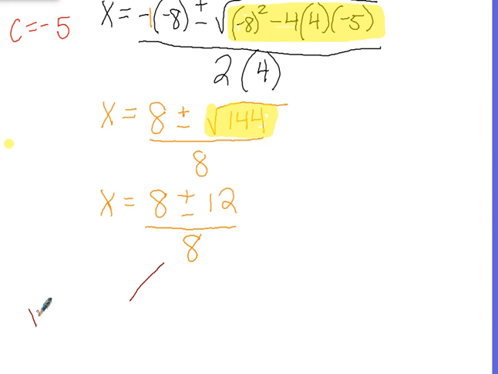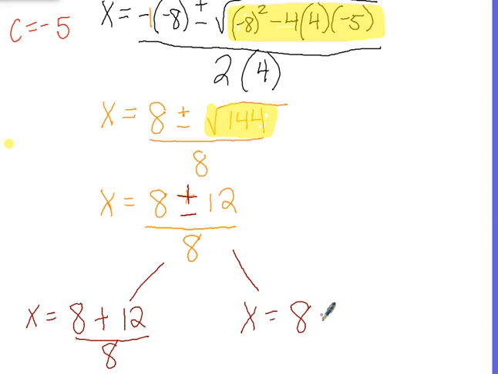On the left-hand side, I'm going to write x equals 8. Now right here, we had plus or minus 12. I like to make the one on the left use the plus sign, all over 8, and split the one on the right to have 8 minus 12, all over 8. So that was our splitting point.